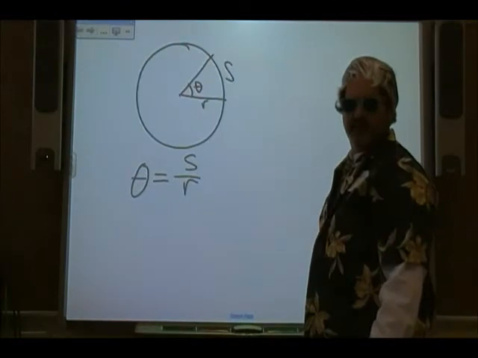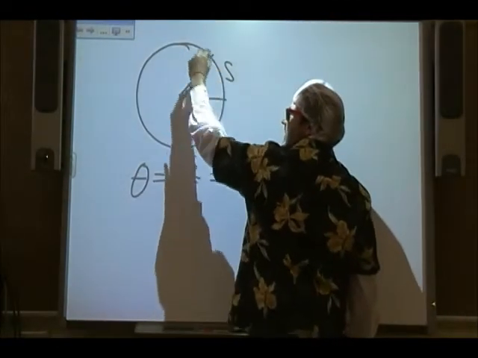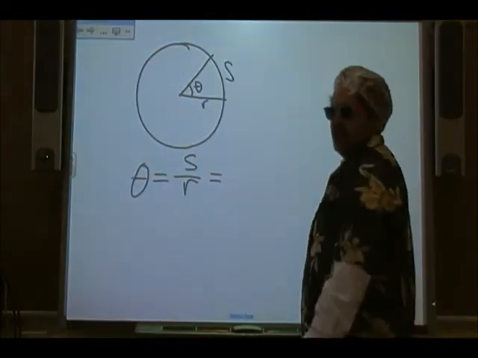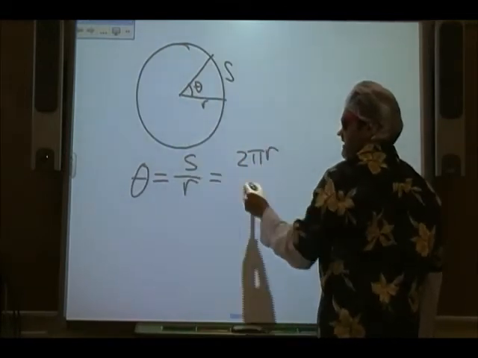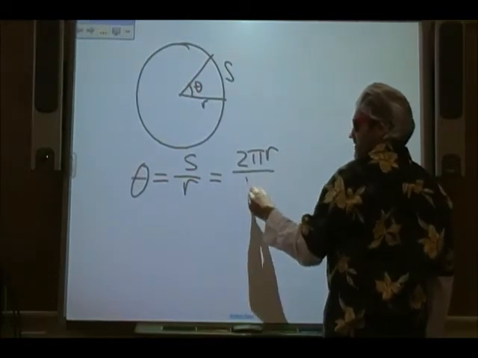If I move it around the entire circle, it's the same as the circumference. This arc becomes the circumference. And we know for the formula, circumference is 2 pi r. So instead of this arc length, I'm going to make it 2 pi r divided by r.